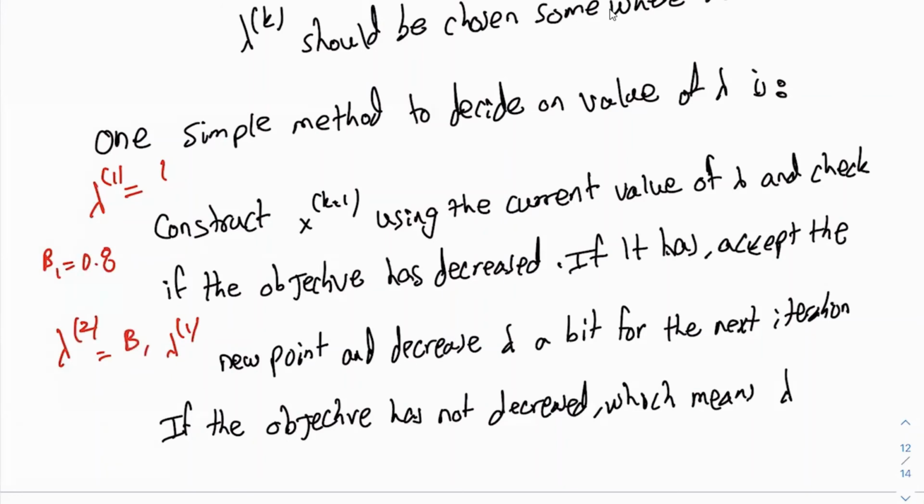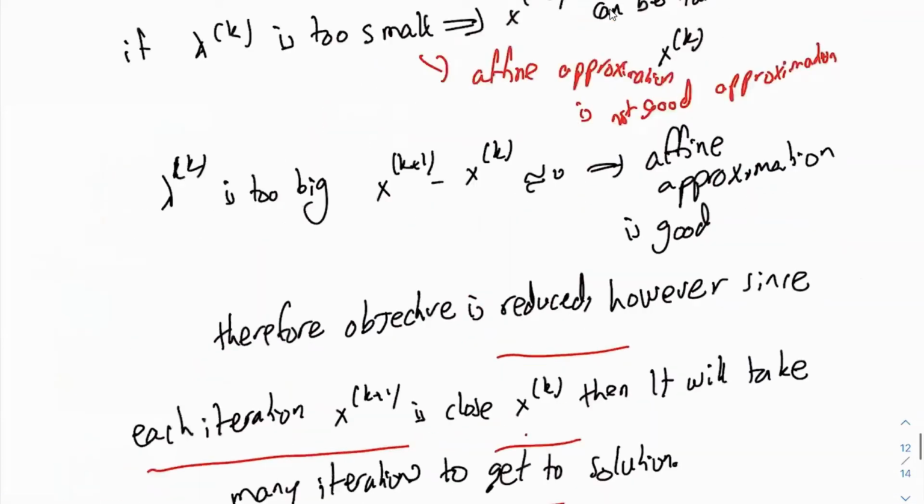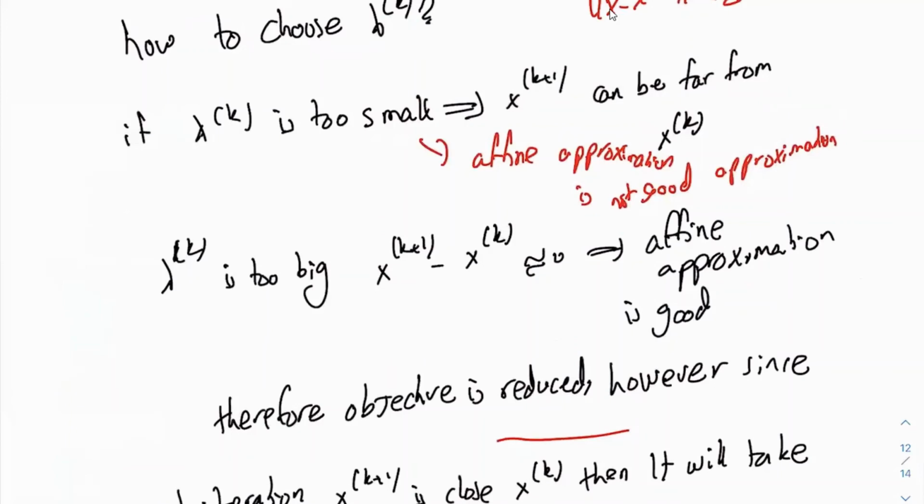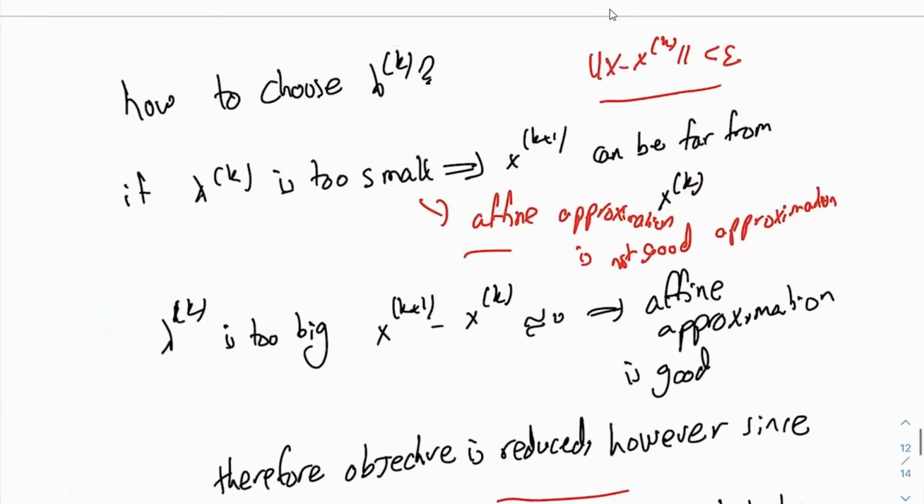But if the objective is not reducing, then you know that you have to choose a bigger value for lambda. Why is that? If the objective is not reducing, the next estimate is not a good estimate. This means that something went wrong with that affine approximation, which means that this condition is failing.